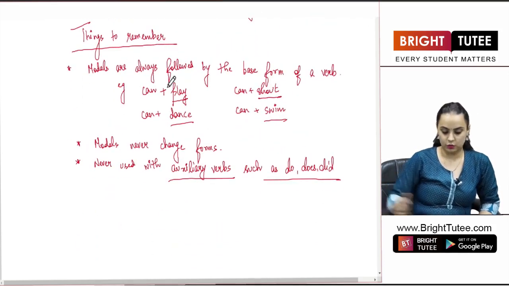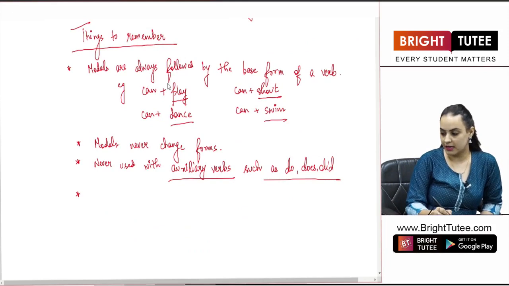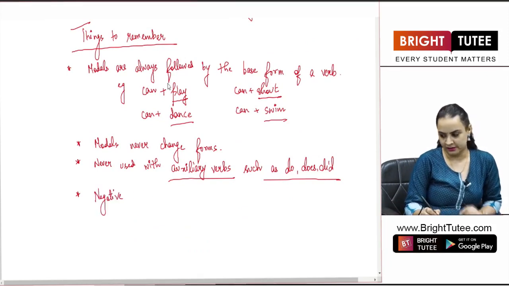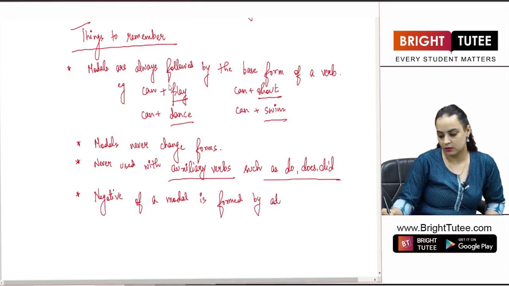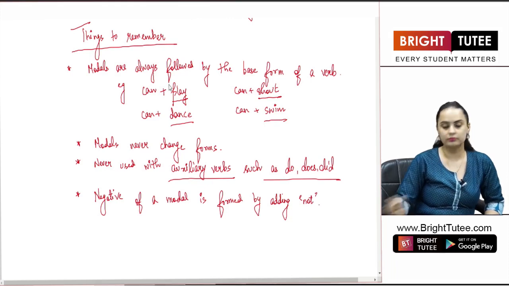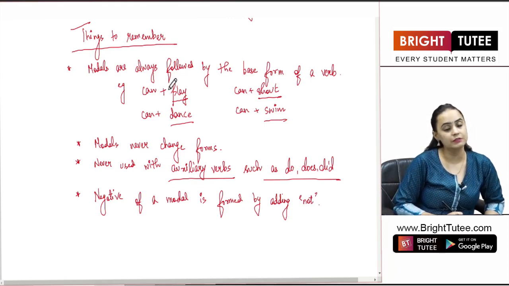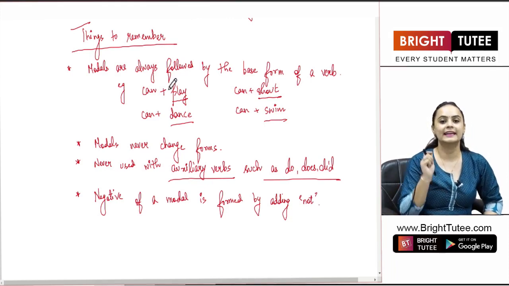And the last one that is to be kept in mind, negative of a modal is formed by adding not. So, how do we make the negative of a modal verb? By adding not.